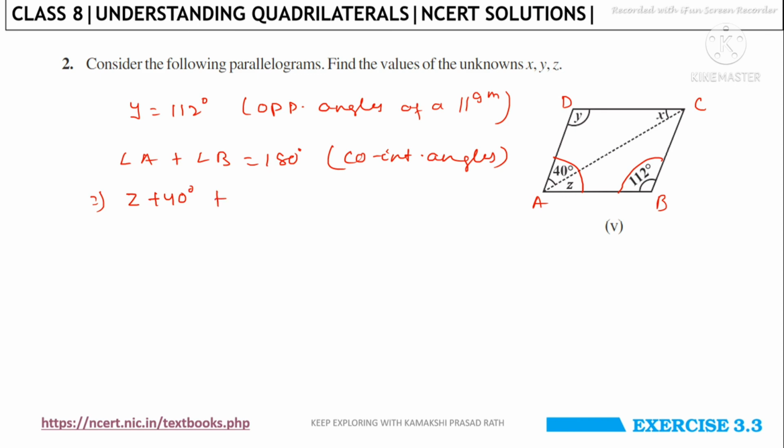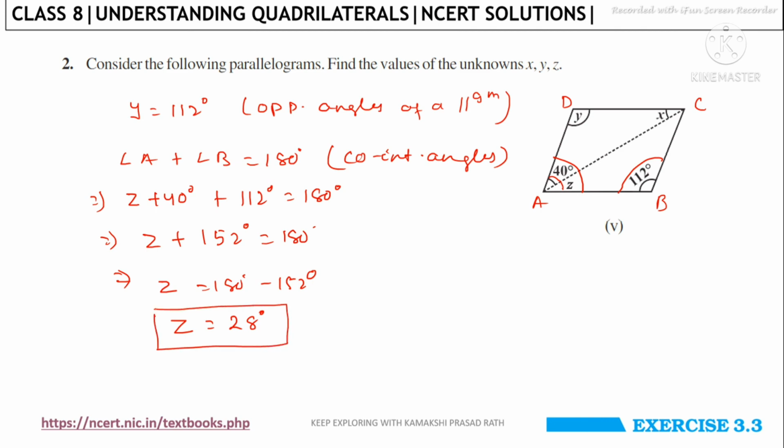So Z plus 40 plus B, B is 112, equals 180 degrees. Hence Z plus 112 plus 40, we get 152 degrees equals 180. Next, Z equals 180 minus 152, so we get 28 degrees. So Z equals 28 degrees and Y is 112 degrees.